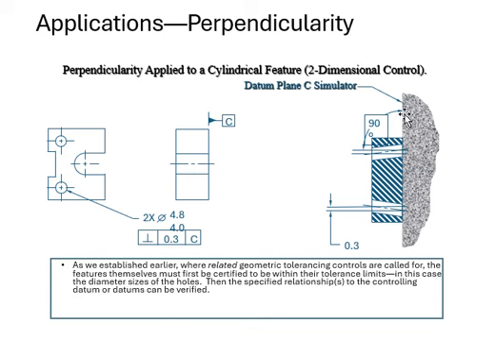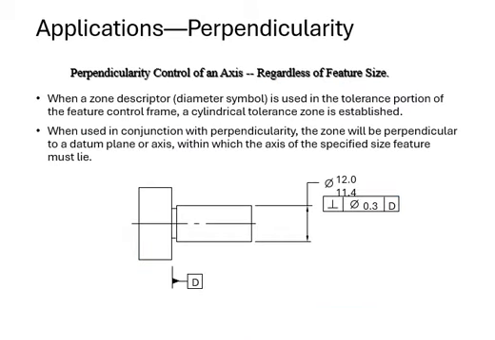Your angle, your datum plane simulators right here, and nothing really changed, these are about the same thing. The only thing is that we're dealing with a cylindrical feature. Then your RFS, regardless of feature size.